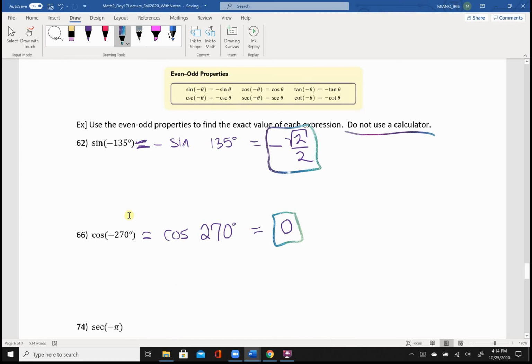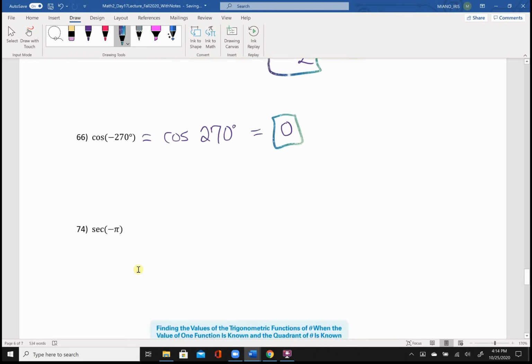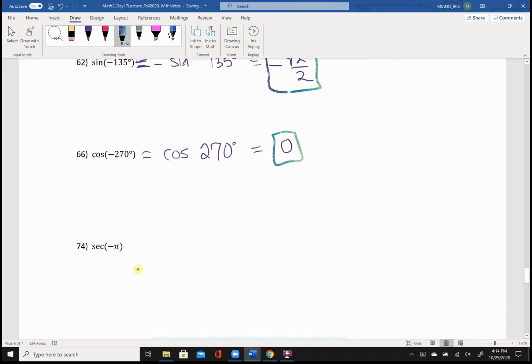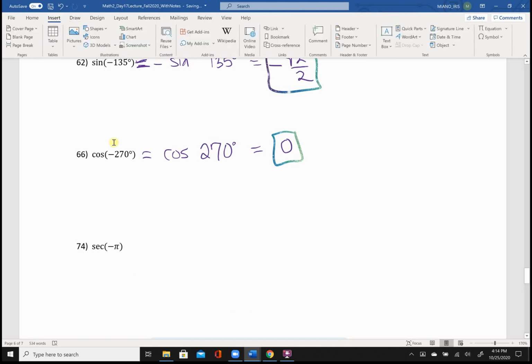Okay, one more of this type. Let's go secant of negative pi. Secant, huh? Is secant odd or even? Well, the secant function, it looks like, is indeed even. So that means that this will be equal to the secant of just pi. Okay?